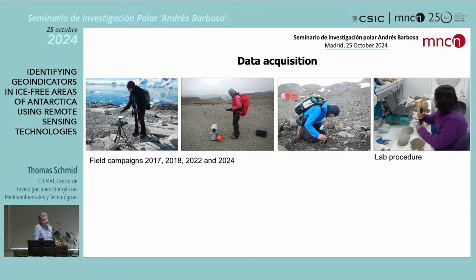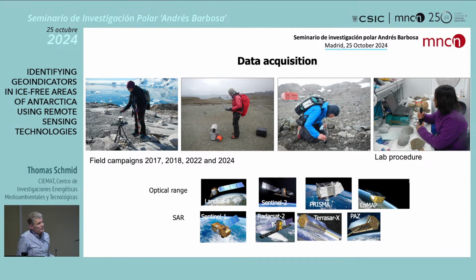We normally have to use artificial light, which illuminates an area underneath this apparatus to be able to obtain our spectral curve. Or we have a contact probe, which we're actually touching the surface with a bare optical fiber to obtain a signal. We can also carry this out in the lab, of course, and we often do that. All our samples we obtain from Antarctica, they're so precious, we go back to the lab and we measure it in the lab.